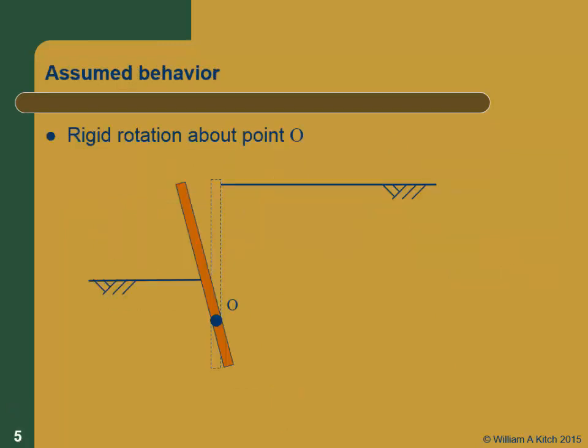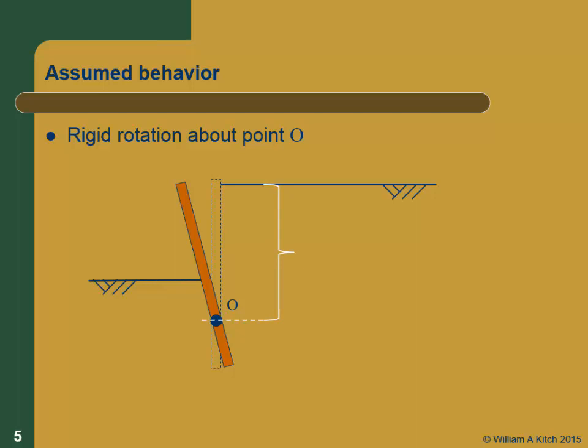All right, so our basic design procedure is we assume the wall rotates rigidly about some point O, and we're just going to design it so that we have a satisfactory factor of safety. And we don't necessarily do an analysis for movements.